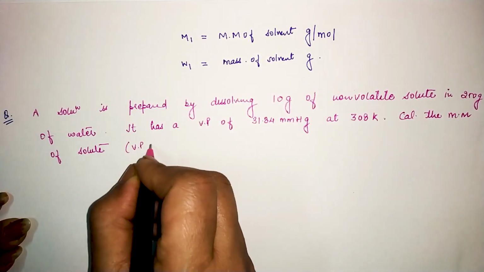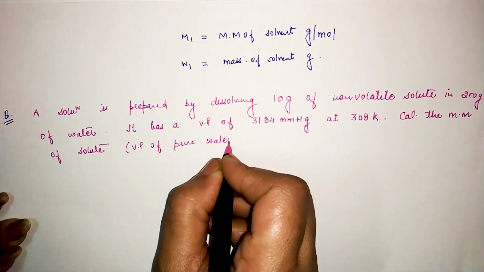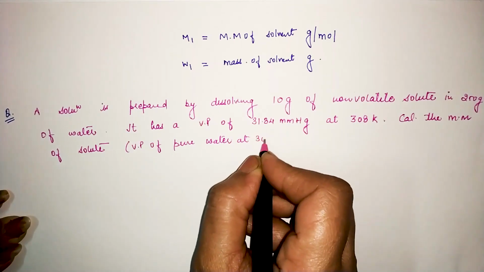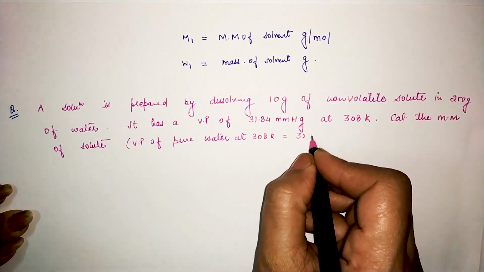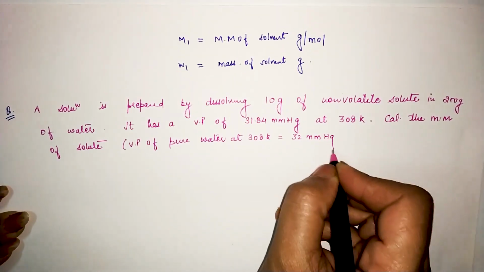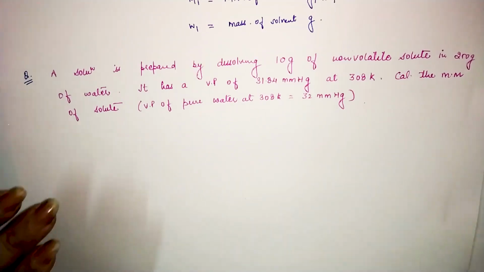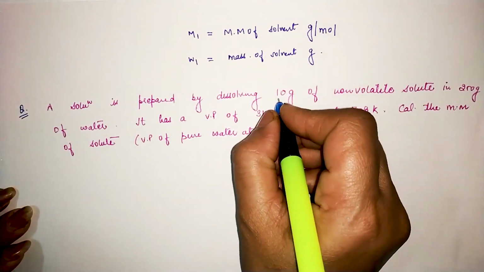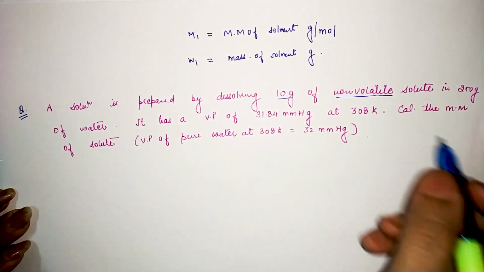Vapor pressure of pure water at 308 Kelvin is 32 mmHg. So this is the question which is given to us. Now see, in this question 10 gram of non-volatile solute.